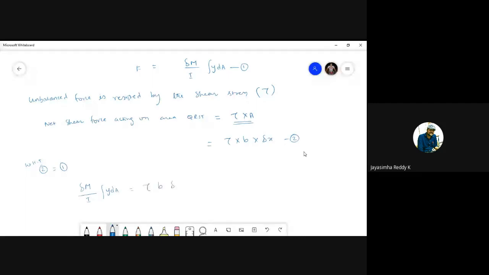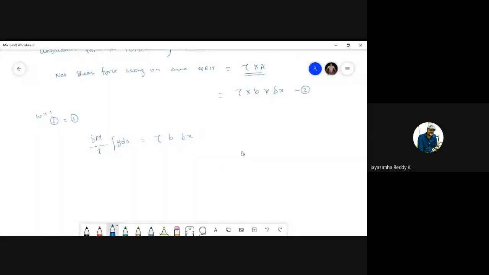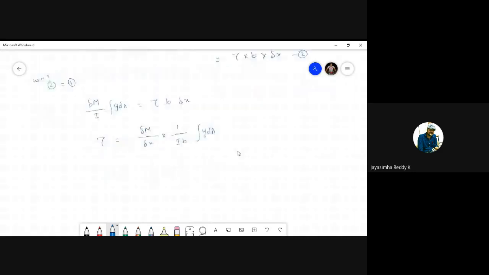Is it clear, students? Is it okay for everyone? Any doubt so far? Please let me know if you have any doubt. So from this equation we can write tau is equal to delta M by delta x into 1 by Ib into integral over y dA. See students, in this equation, what is integral over y dA?